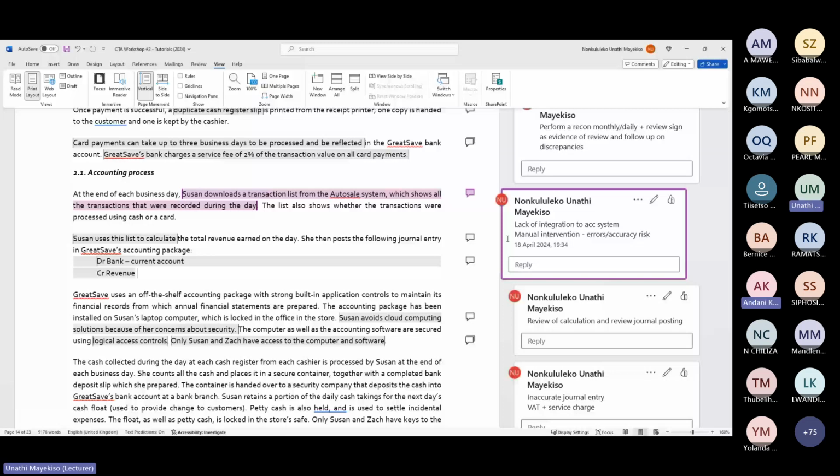So I just wanted to find out, with the introduction now of bank feeds, would I be wrong to include that they should implement bank feeds for the card transactions so that they can automatically go into their accounting system?